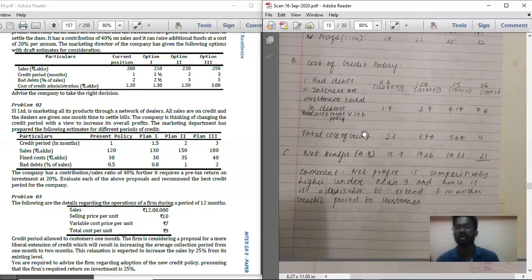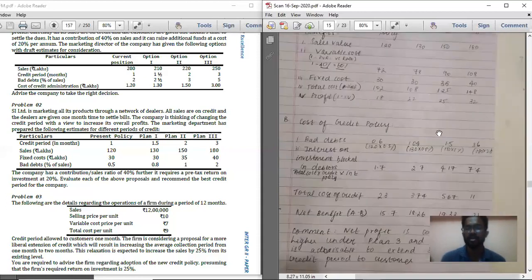Interest on investment blocked in debtors. Below that, open a bracket: total cost into credit period, into interest rate. So for present policy, what is the total cost? 102 into the credit period.